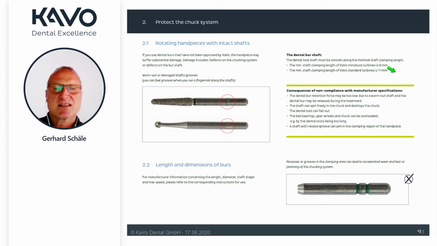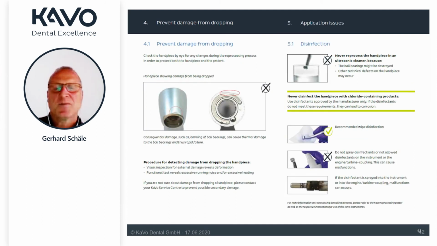For example, here you can see burrs which already spin round in the chuck, burrs like this one here, that you should avoid using because they create problems afterwards in the locking system. Or never use burrs where in the locking system there are these colored markings, which are in the industry standard. You can use them, but we do not recommend that because here we are losing the grip of the instruments. We do have here some small advice on how to prevent damage.